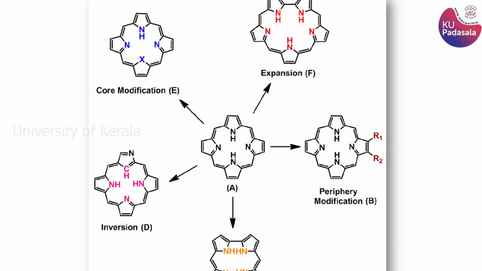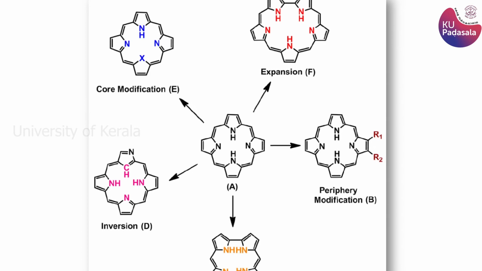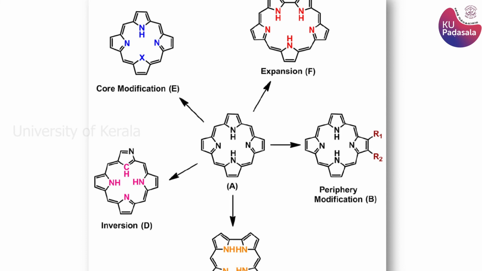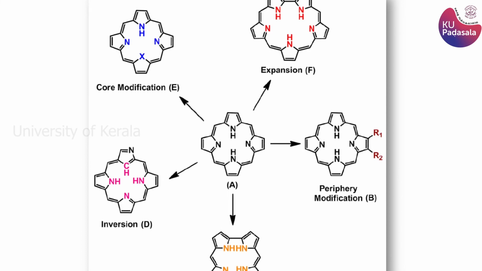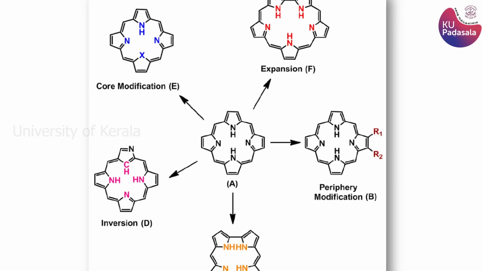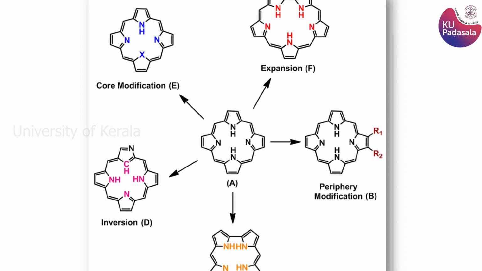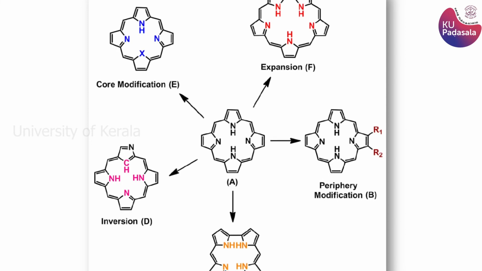In some cases, instead of pyrrole, we can use other molecules like thiophene or furan. So the core of the porphyrin is modified, and those porphyrins are known as core modified porphyrins. Another modification is the inverted or confused porphyrin, where one of the pyrrole rings is flipped.